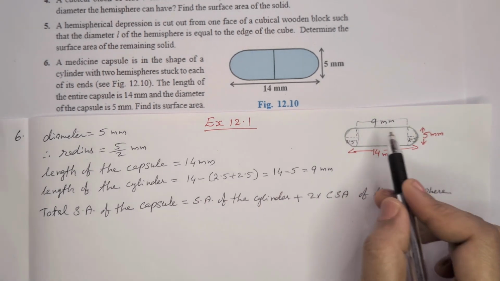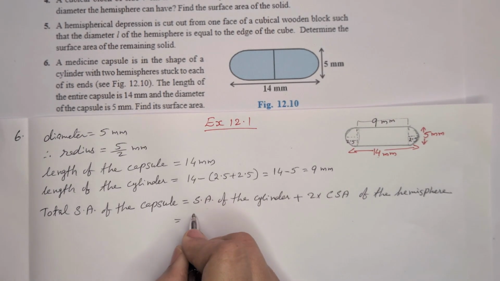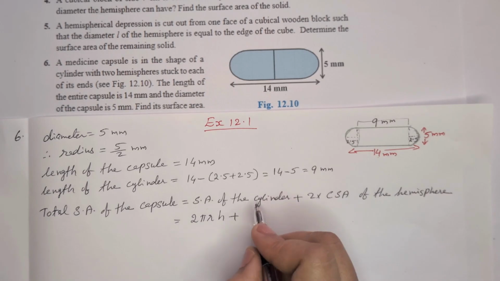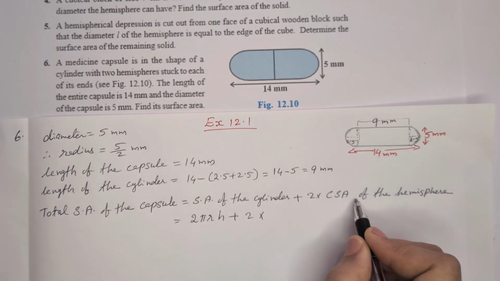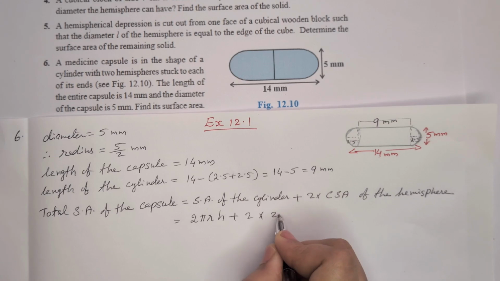We can write total surface area of the capsule is equal to surface area of the cylinder, that we know is 2 pi rh, plus two hemispheres are there. So 2 into curved surface area of the hemisphere, that is 2 pi r square.